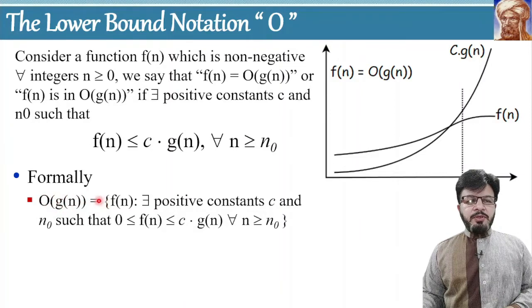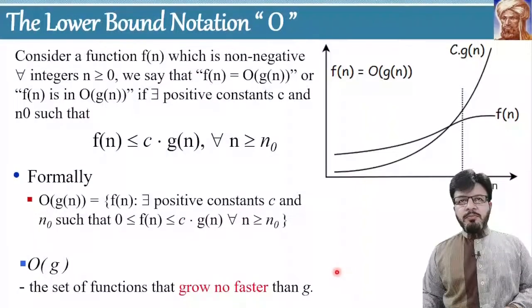So therefore it is equal to the set of all functions f of n such that there exist positive constants c and n naught such that the function f of n is non-negative and it must be less than or equal to this function for all values of n greater than or equal to n naught.